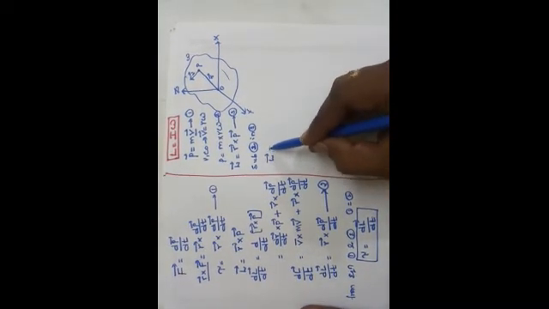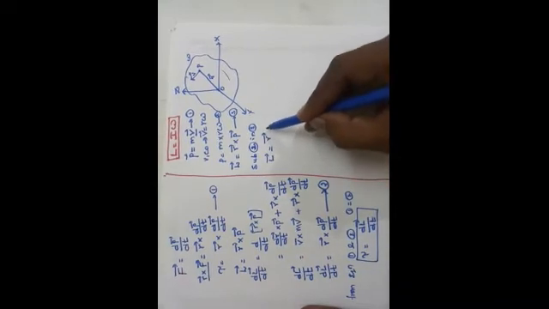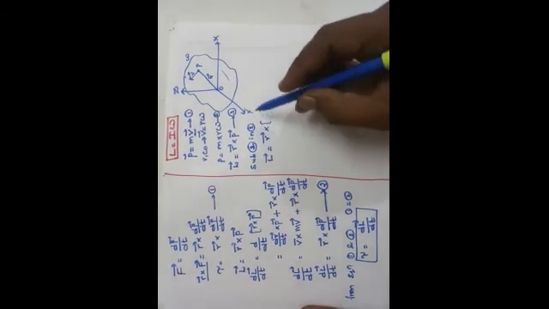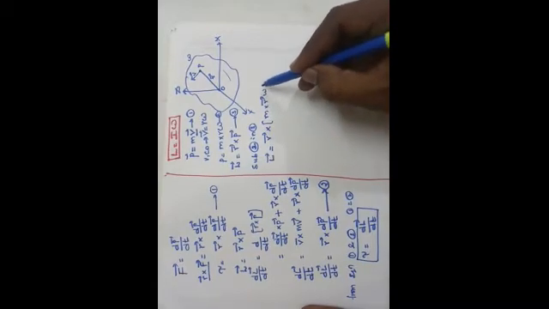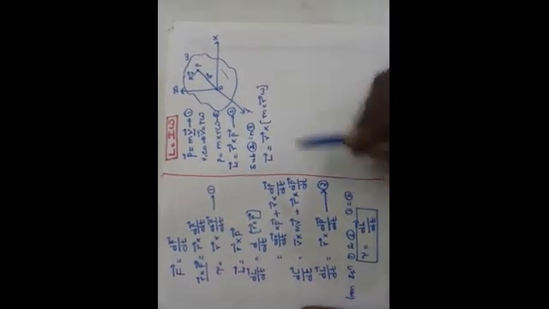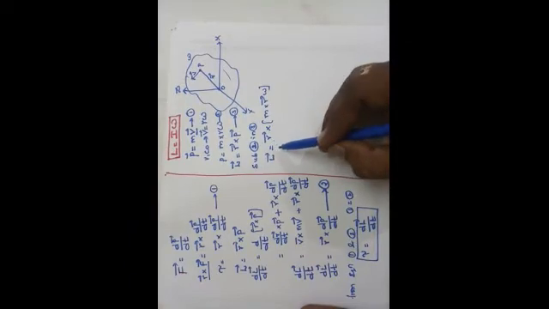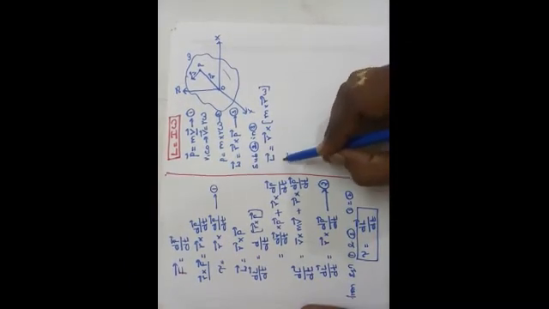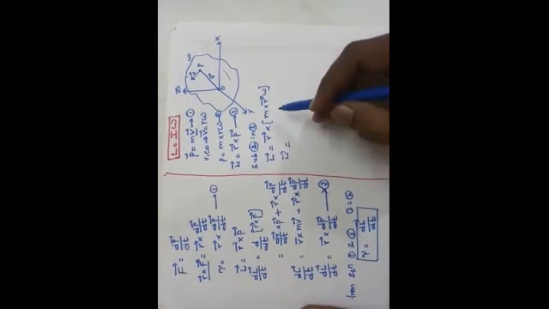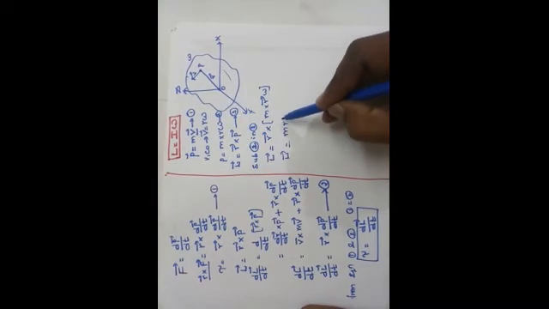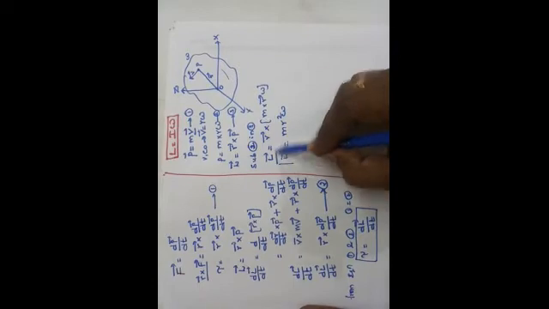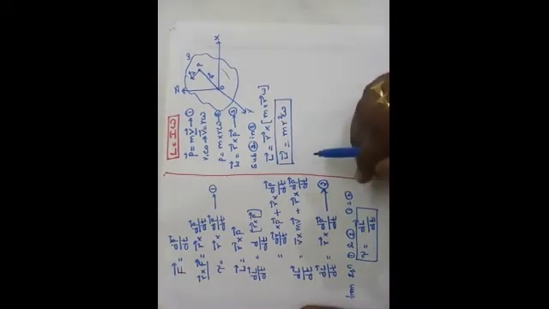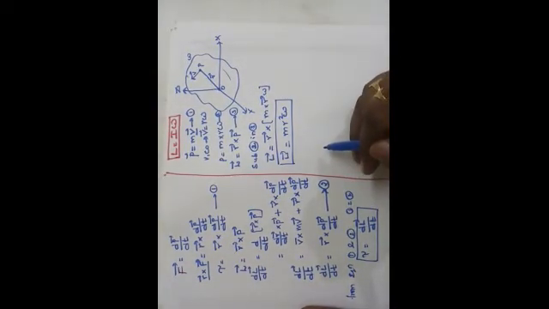L bar is equal to r bar cross P bar. What is P bar? m into r bar omega. So multiplying, we get finally L bar is equal to m r square omega. This is also one equation.